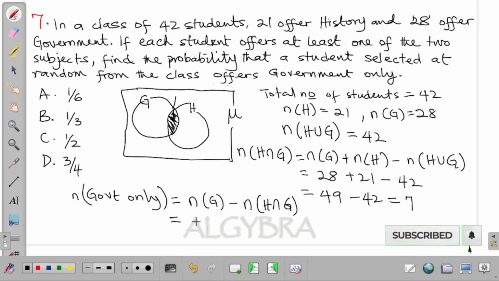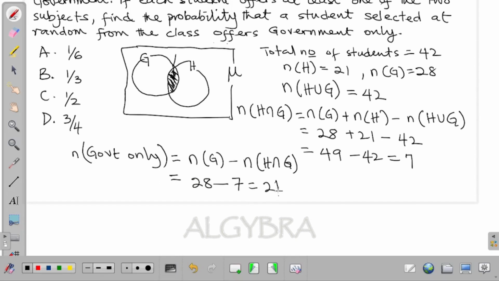The number of students offering government is 28, minus the number offering history and government, which is 7. That's equal to 21. So now we have the persons offering government only.